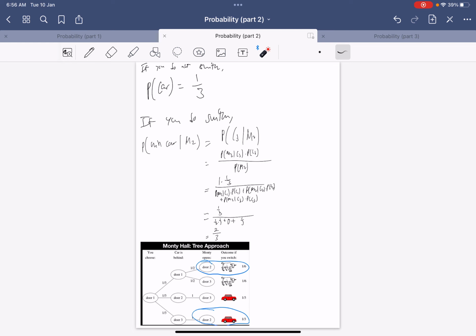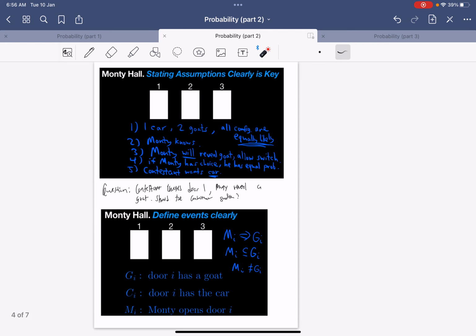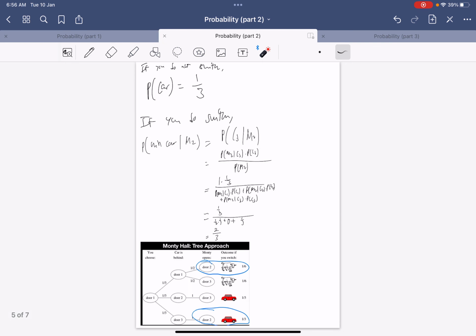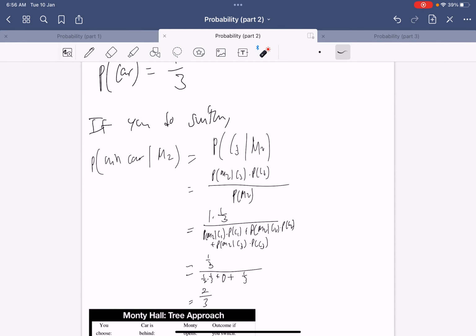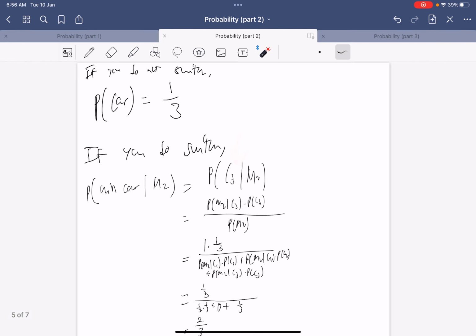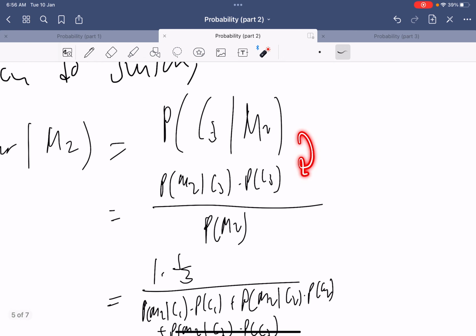So if you do not switch, the probability of winning a car is 1/3, because it's just the same as the probability at the start. But if you do switch, then the probability of winning a car, given that Monty opens door 2, is the probability that the car is in door 3, obviously. And then you can use Bayes' formula to switch it around.